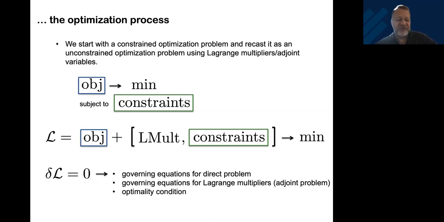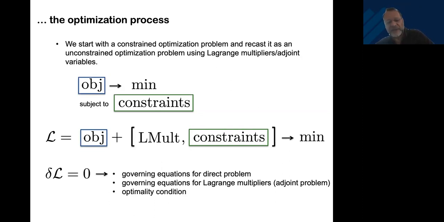So we have to take the first variation of this augmented Lagrangian, and from that we get our governing equations. So this one line there, delta L equals 0, the first variation of L is equal to 0. Out of that, we can squeeze out 3 governing equations. The first one is the governing equations that we already have, so that one gets reproduced. The second governing equation that we get is a governing equation for the Lagrange multiplier.